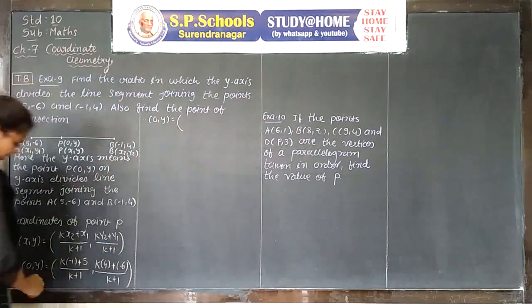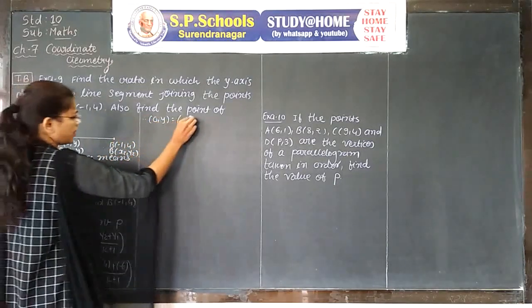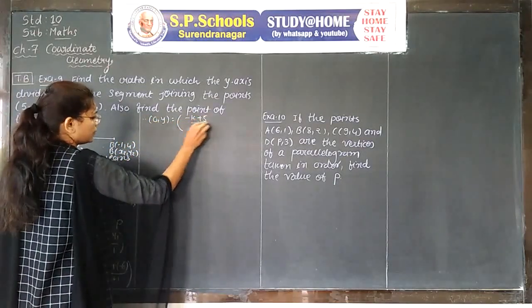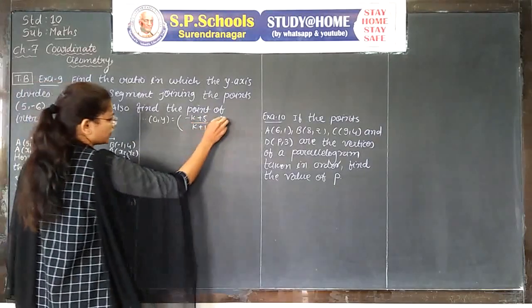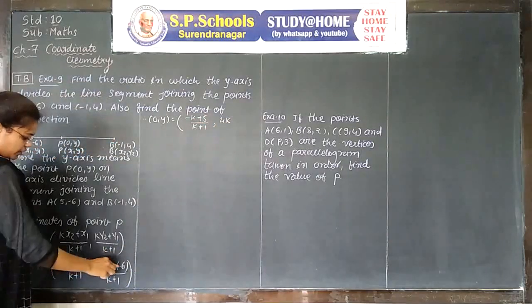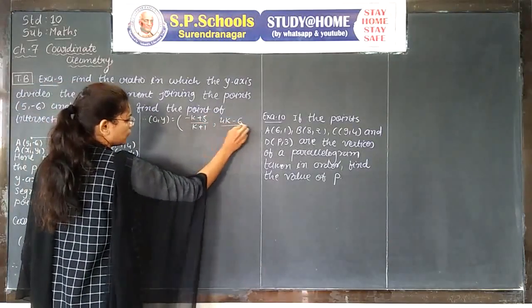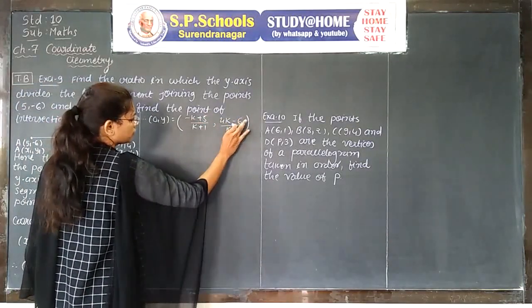We simplify the right hand side. K multiply minus 1 is minus k plus 5 upon k plus 1. 4 into k is 4k plus minus 6 upon k plus 1.